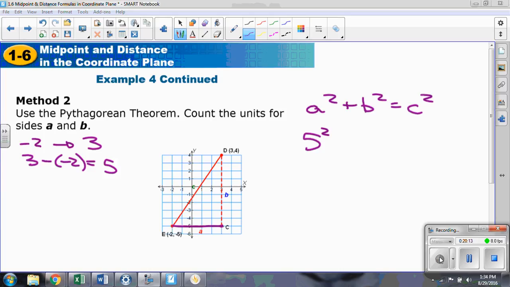We also need to determine the length of the other leg. How far up? And so here we're going from -5 up to +4. 4 subtract that -5 would give us a distance of 9.